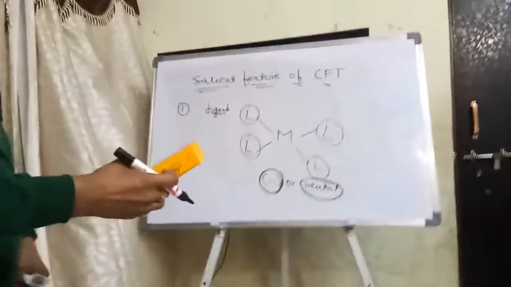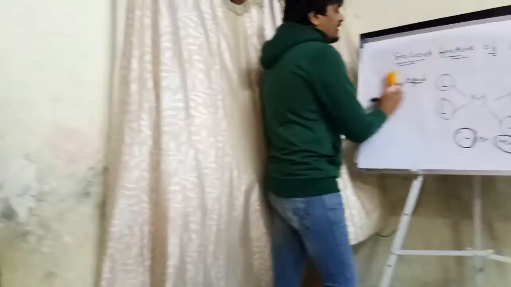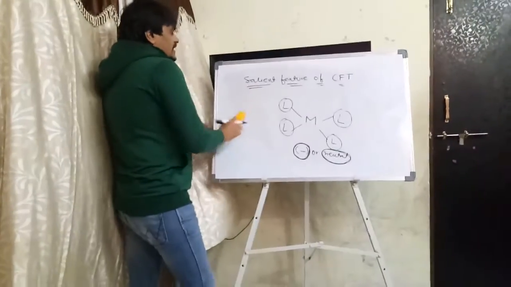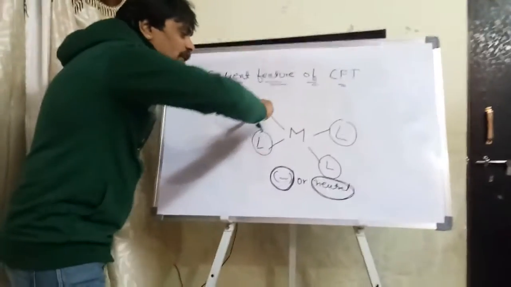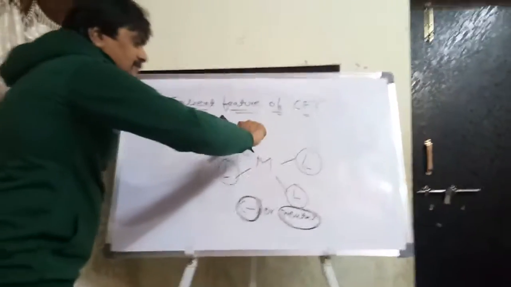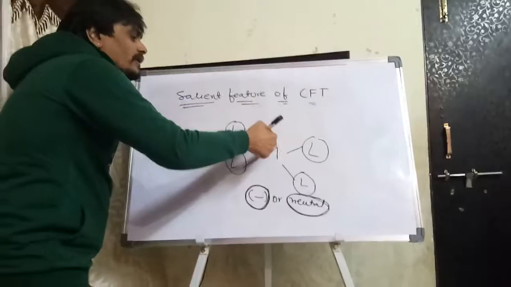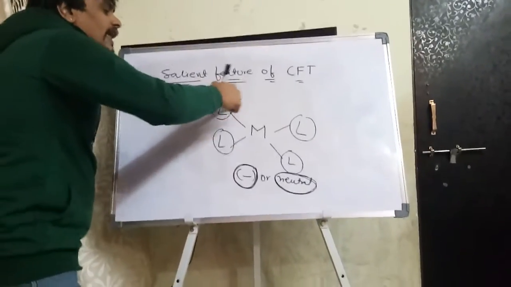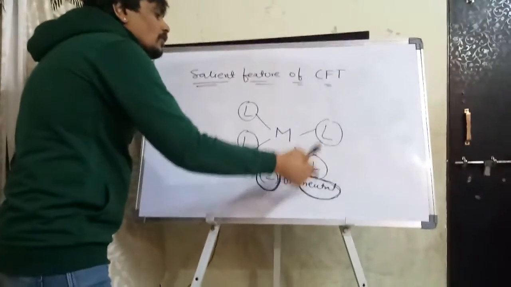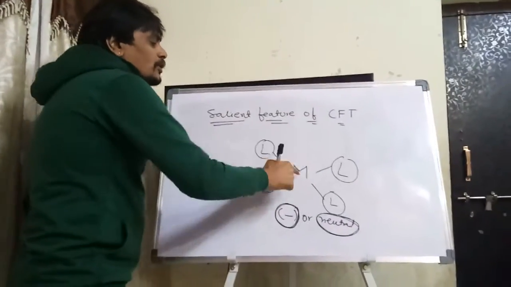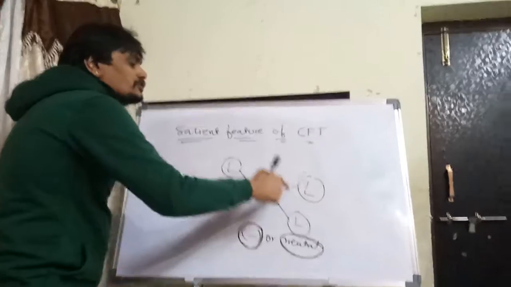Right? So this is the first postulate, the first salient feature of CFT. A complex is a combination of metal ions surrounded by the ligands. Now as the metal ion is electropositive, the ligand can be either negative or neutral but not positive, because positive-positive interaction is not possible.